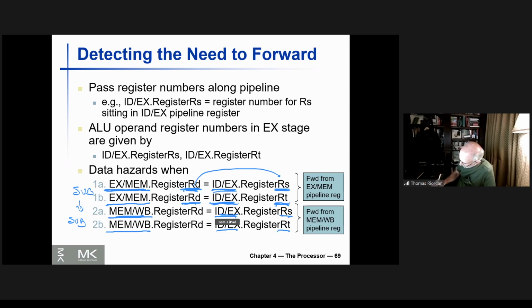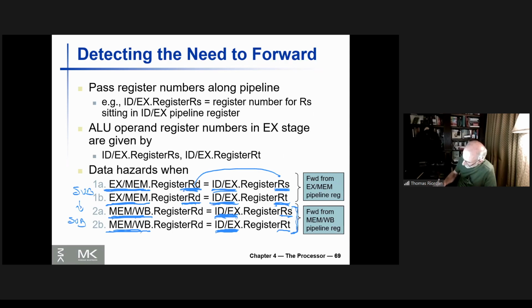The RS and the RT, you always use from this stage. This is the stage that the add is happening in, the incoming add that wants this value. It's always in this stage, and this is the guy that's moving along. And then again, you're always comparing against RS and RT. That's the two possible inputs into the ALU.